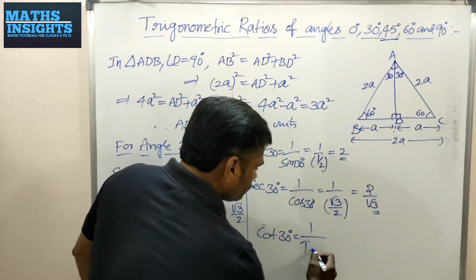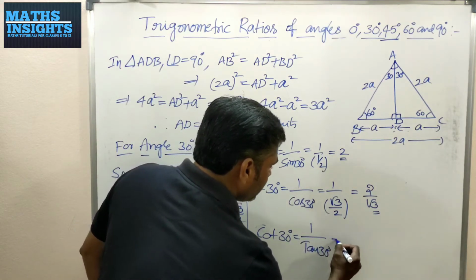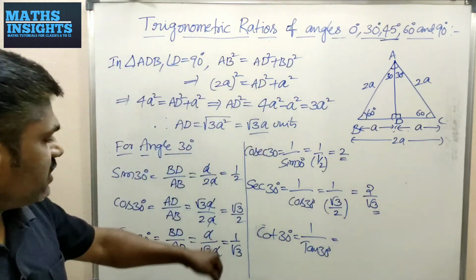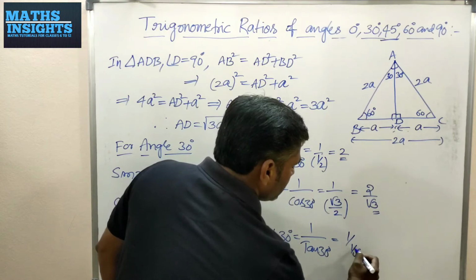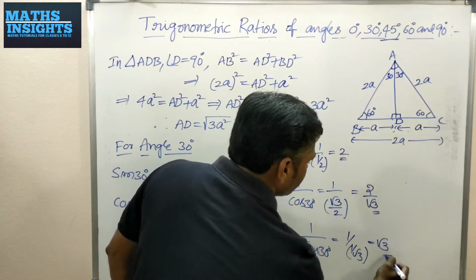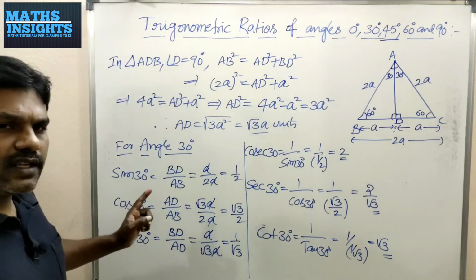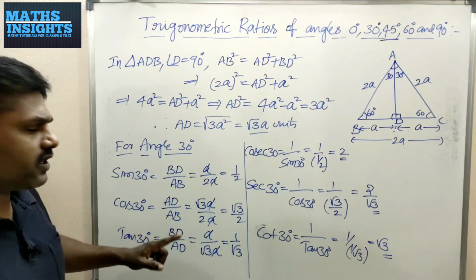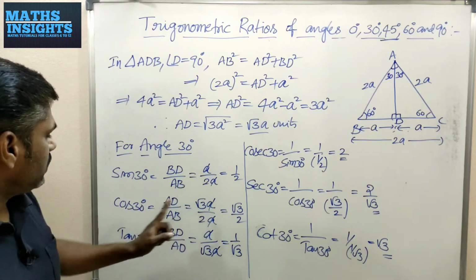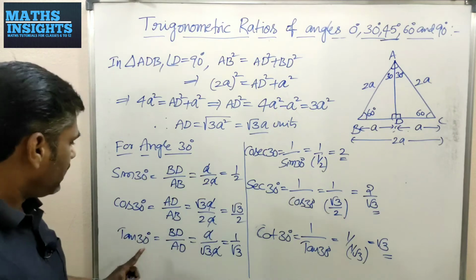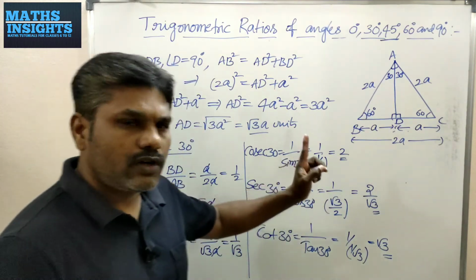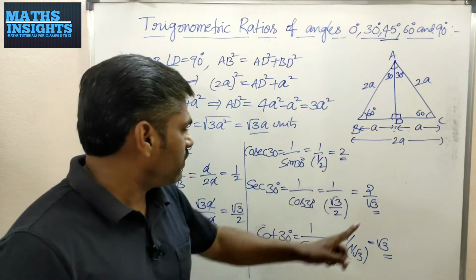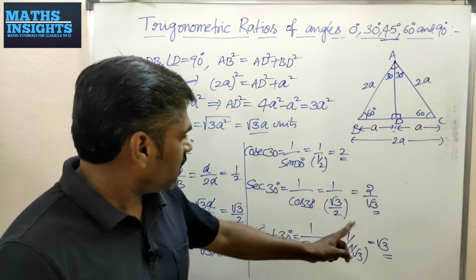Therefore, 1 by tan 30, and tan 30 value you calculated as 1 by root 3. Therefore, it will become root 3. So these are the 30 degrees of all trigonometric ratios. Sine 30 is 1 by 2, cos 30 root 3 by 2, tan 30 1 by root 3, cosecant 30 is nothing but 2, secant 30 is 2 by root 3, cot 30 is root 3.